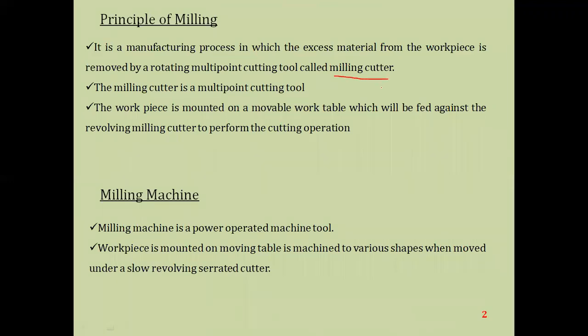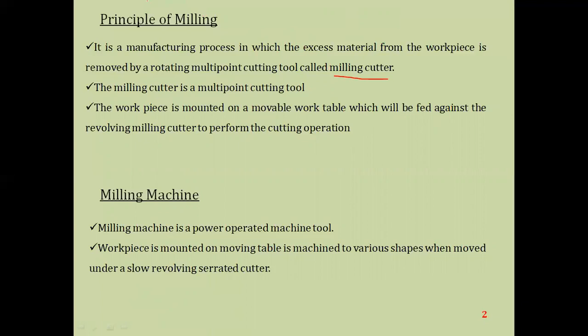This milling cutter is a multi-point cutting tool, and when it advances against the workpiece on a moving work table, it removes the excess metal from the workpiece such that you can get the desired shape and desired finish. So these are some points regarding the principle of milling.